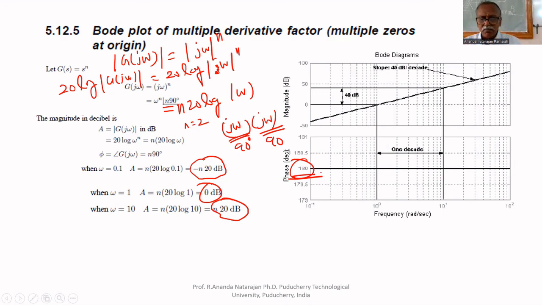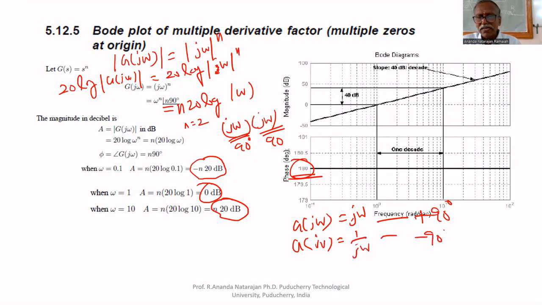What is the difference here? Plus 180 degrees. 1 by s means minus 90 degrees. S in the numerator, G of j omega equal to j omega, means plus 90 degrees. G of j omega equal to 1 by j omega means minus 90 degrees. That is the difference in the phase plot.